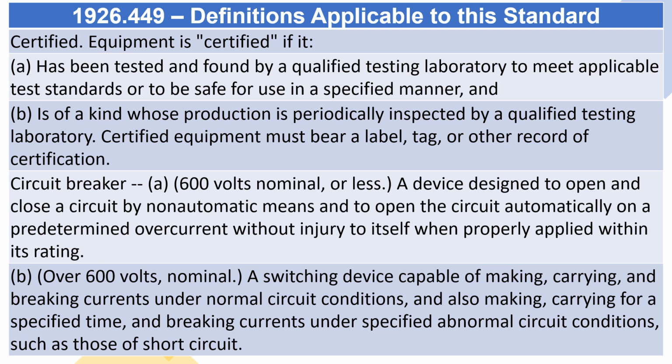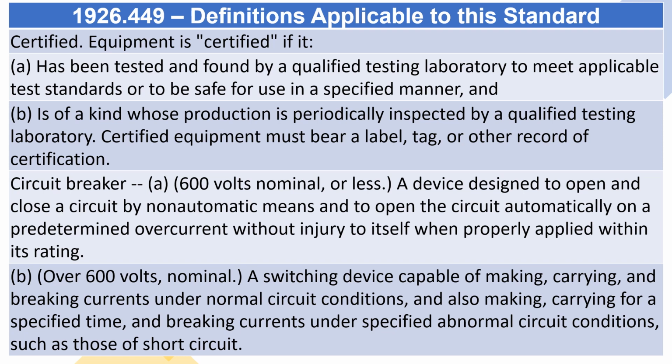Equipment is certified if it a. has been tested and found by a qualified testing laboratory to meet applicable test standards or to be safe for use in a specified manner, and b. is of a kind whose production is periodically inspected by a qualified testing laboratory. Certified equipment must bear a label, tag, or other record of certification.